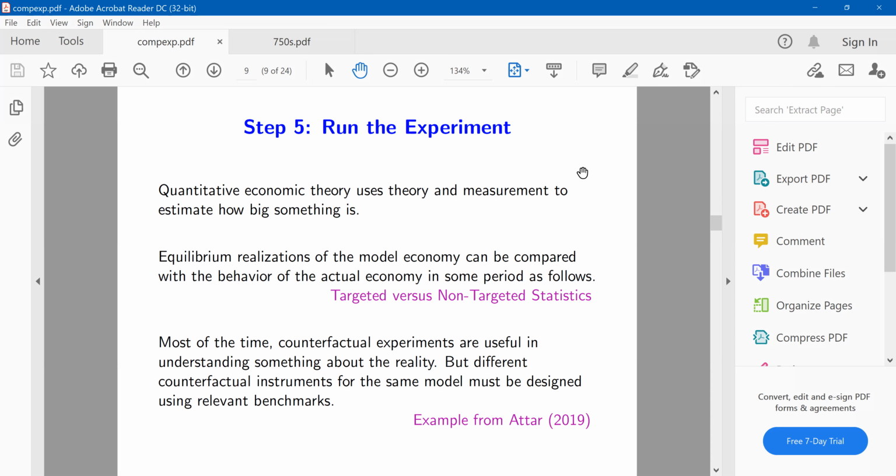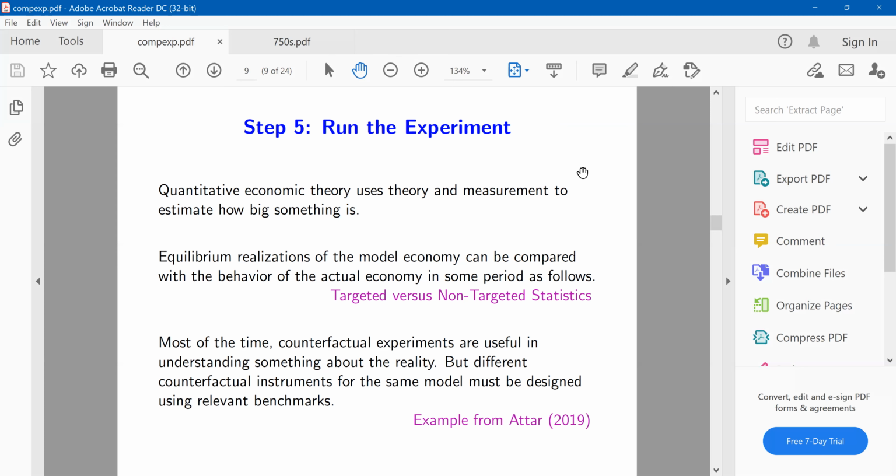So you understand what would happen in the benchmark case, the case that represents the reality, and then you have the counterfactuals. Counterfactual in the sense that it is not reality, but what would happen. Typically the computational experiment questions require the use of such counterfactuals.